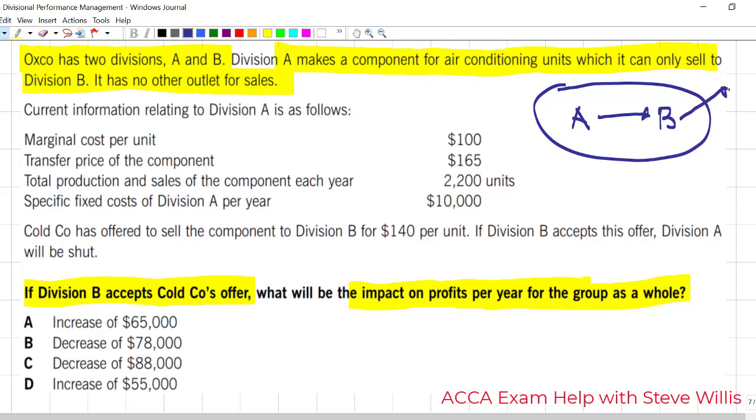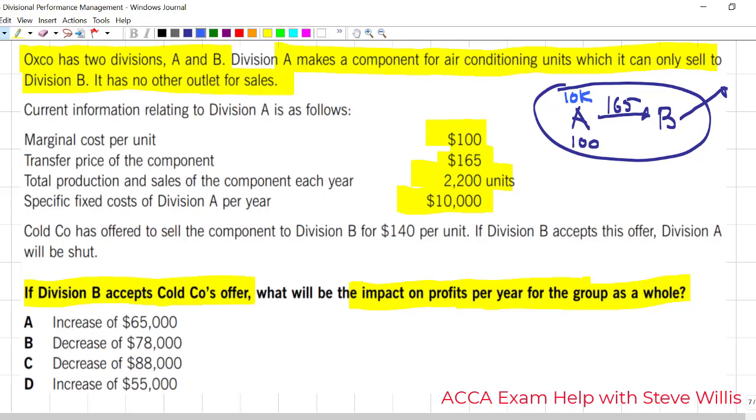And the marginal cost per unit, 100. That is the variable cost to make an air conditioning component. The transfer price is 165. The total units that we do are 2,200. Now we have some fixed costs for A, 10K, right? So those are the fixed costs.